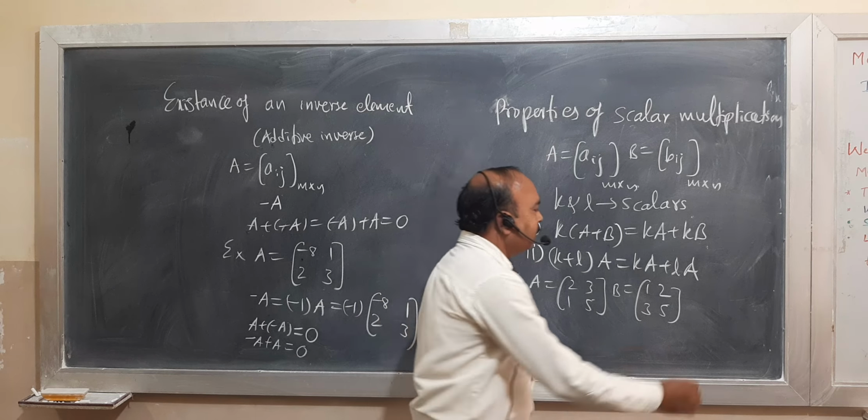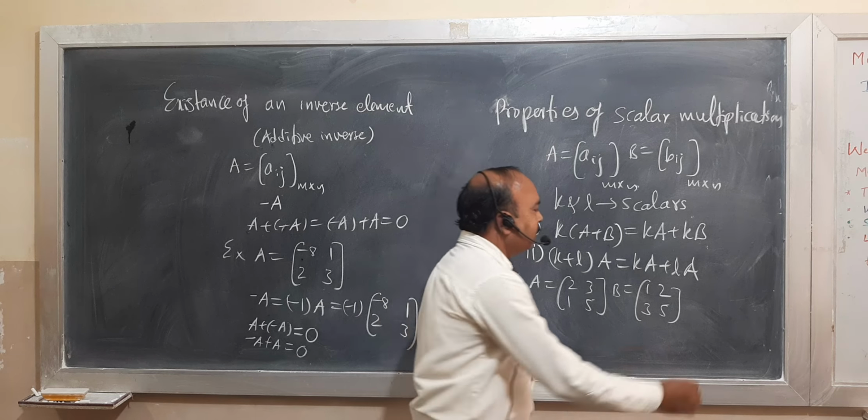The a value is 2, 3, 1, 5 plus k times of b. 2 times the b matrix, which is 1, 2, 3, 5. Now we check the result of this one.